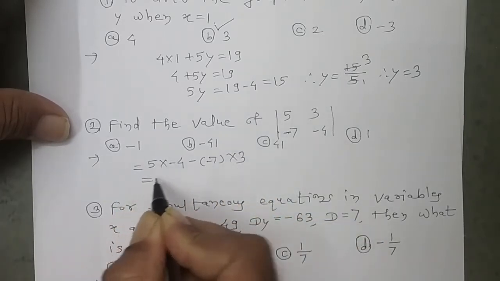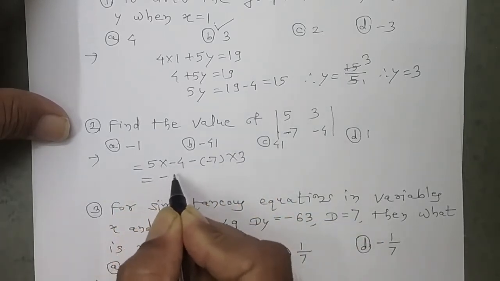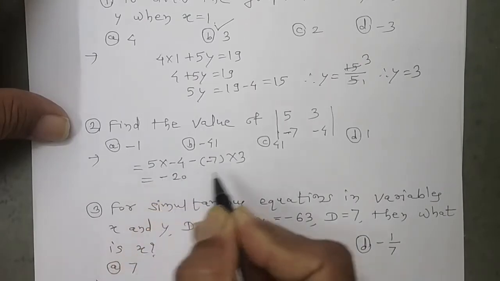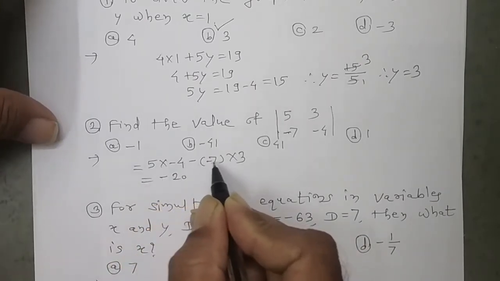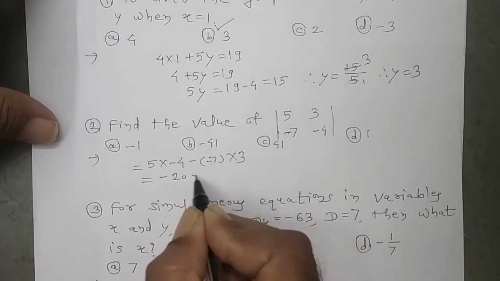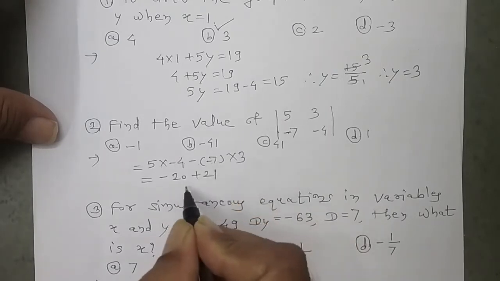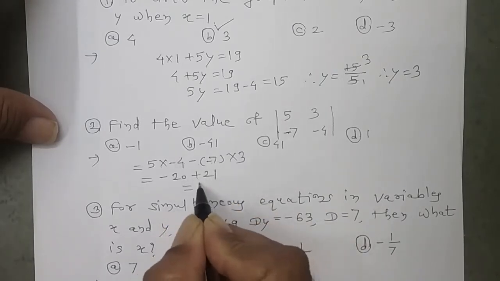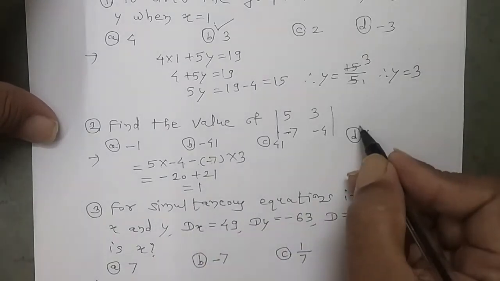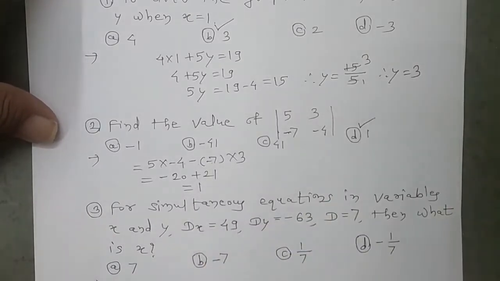Equal to 5 into minus 4 is minus 20, minus into minus plus 7 into 3 is 21, plus 21. Therefore it is equal to plus 1. Correct answer is D.